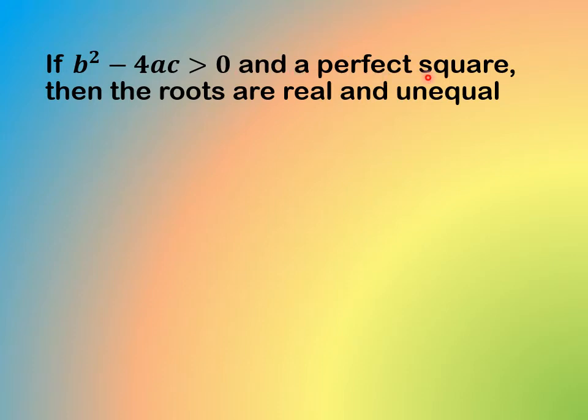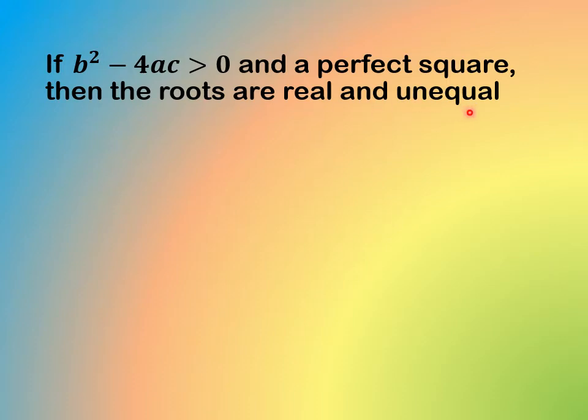Ano-ano ba yung mga perfect squares natin? We have 1, 4, 9, 16, 25, 36, 49, 64, 81, 100, and so on. So, ang makukuha daw natin na roots doon ay real and unequal.